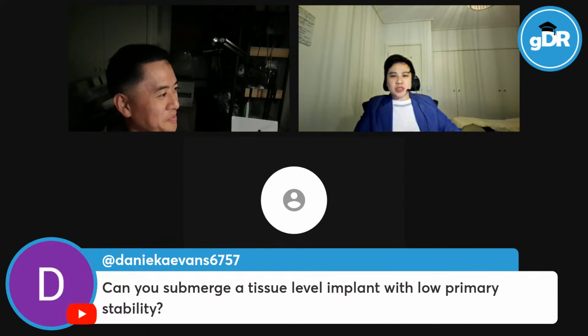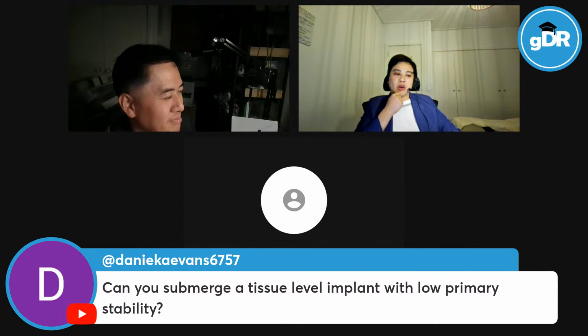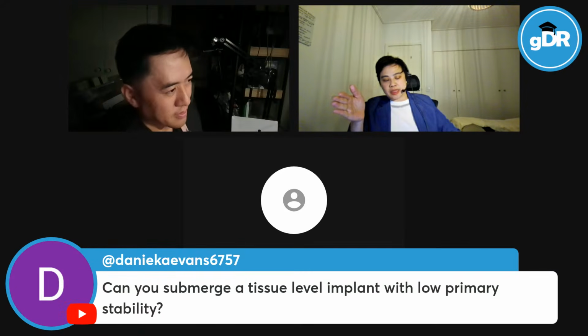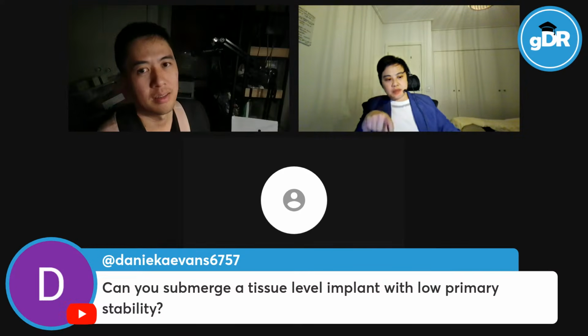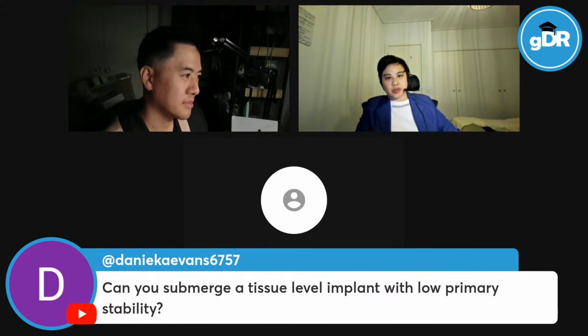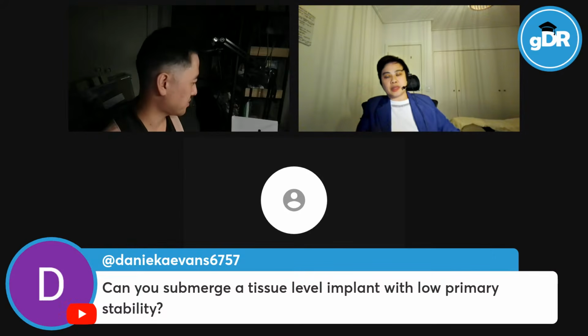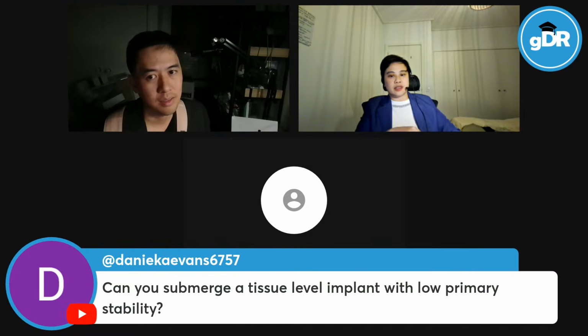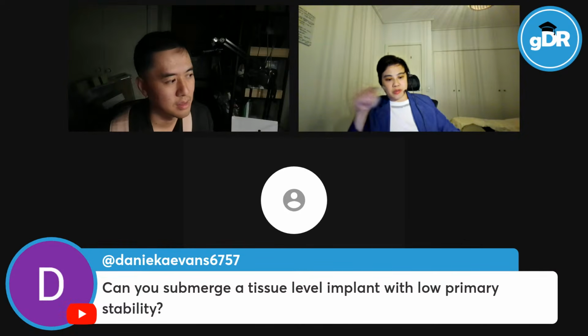Can you submerge a tissue level implant with lowest primary stability? It depends actually on the type of implant. With the older standard plus Straumann's you can submerge, soft tissue wise, but if you place it too deep, you get quite a lot of vertical bone loss. If you use the newer IXL line, because of the conical connection, the micro seal.